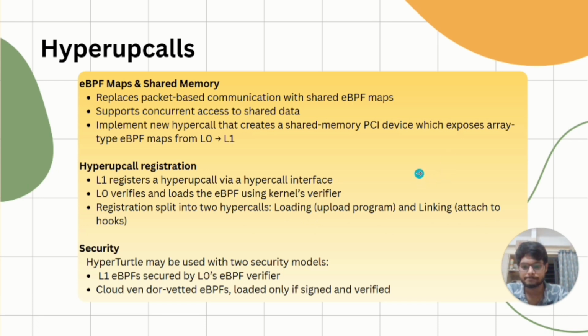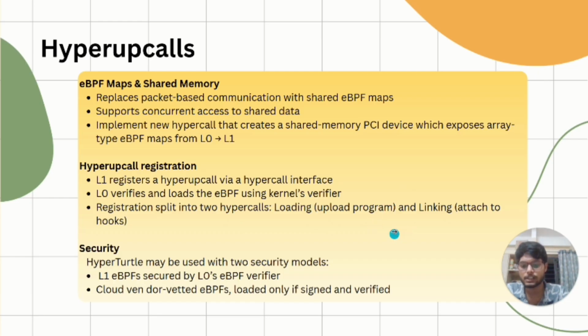Hyperupcall registration. For hyperupcall registration, L1 first uploads the eBPF program via a hypercall and then links it to specific hooks in L0. This registration process is split into two parts, loading and linking, which allows flexibility and reusability across hooks.